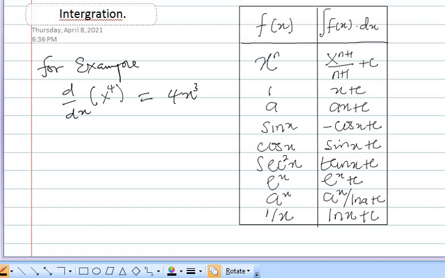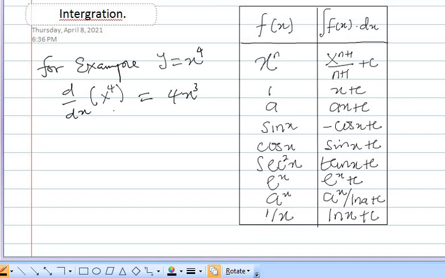Since the function is given as y is equal to x raised to the power 4, the differential of this is going to be 4x raised to the power 3.